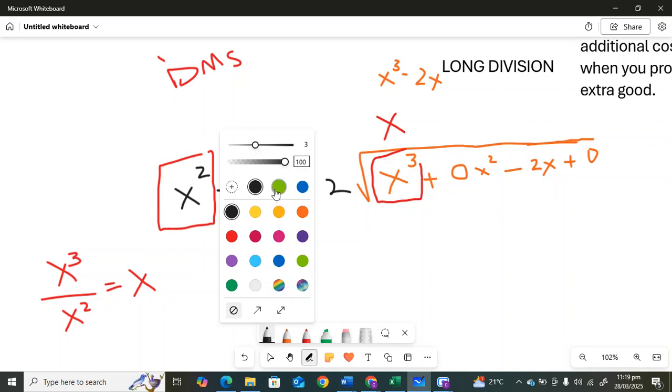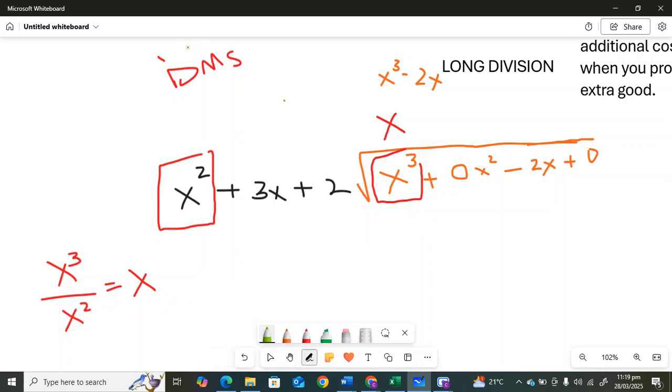Step 2, multiply. What are we multiplying? We're going to say x multiplied by x squared, x cubed. X multiplied by 3x, 3x squared.